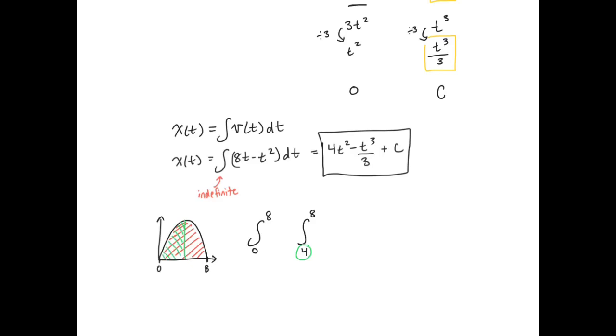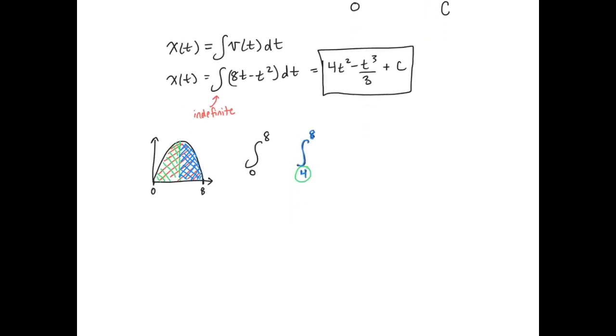And what we would be left with is just this piece here. So the integral from 4 to 8 would be just this piece represented in blue. When you do definite integrals, you no longer need to carry the c because they'll cancel out.